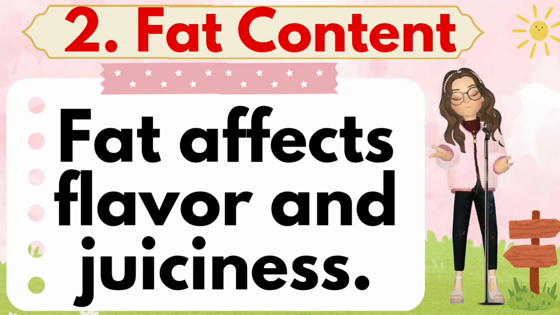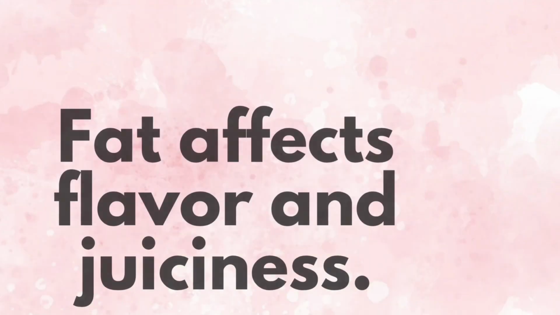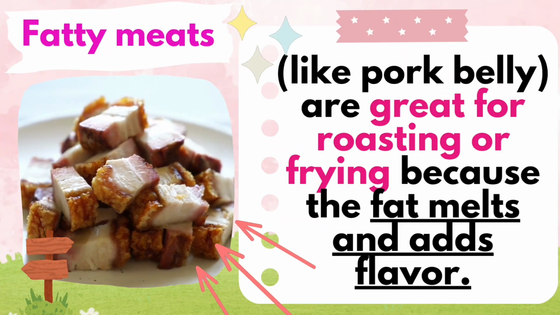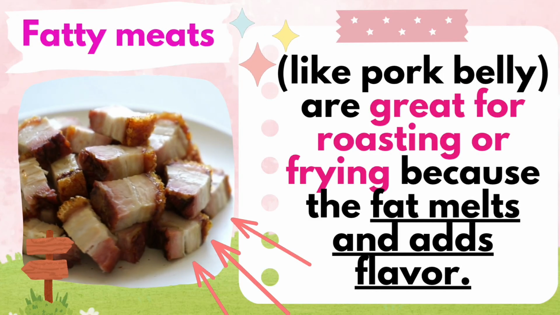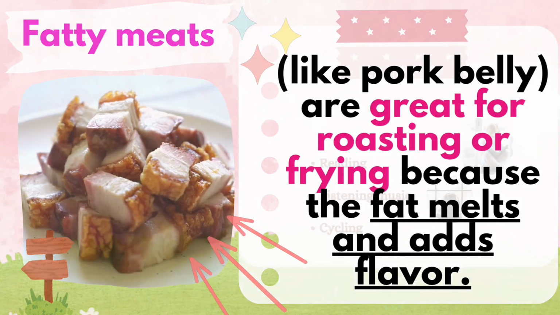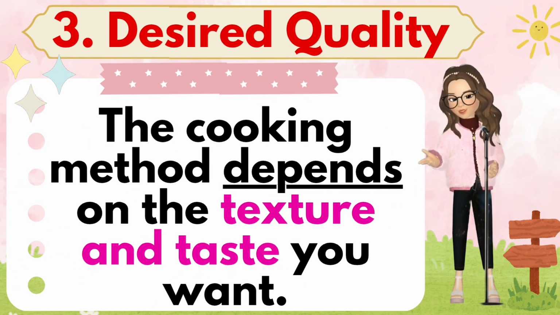2. Fat content. Fat affects flavor and juiciness. Fatty meat, like pork belly, is great for roasting or frying because the fat melts and adds flavor. Lean meats, like chicken breast, are better for moist heat methods like steaming or poaching to prevent dryness. 3. Desired quality.